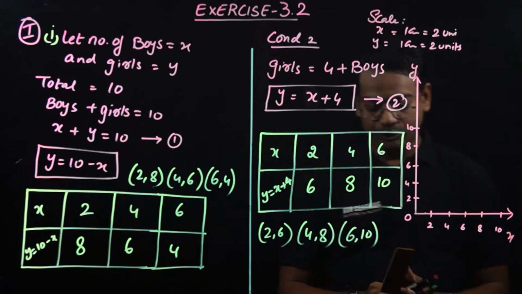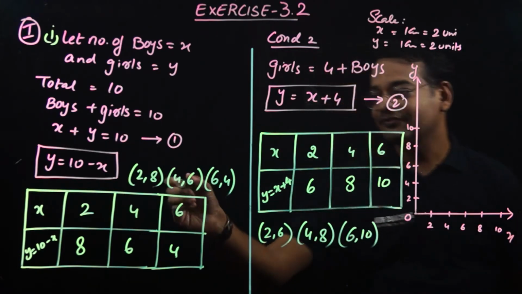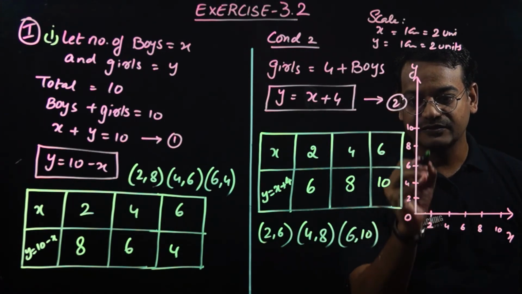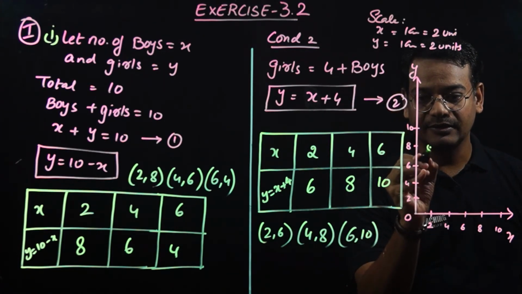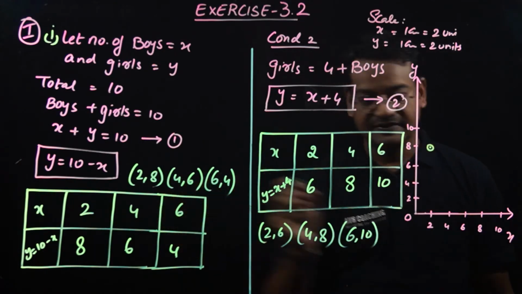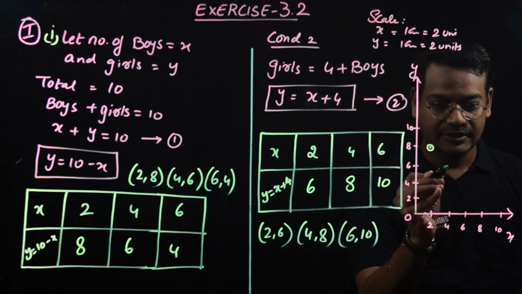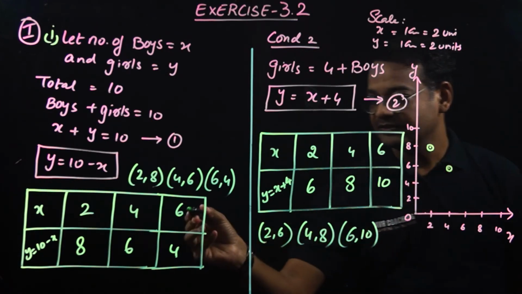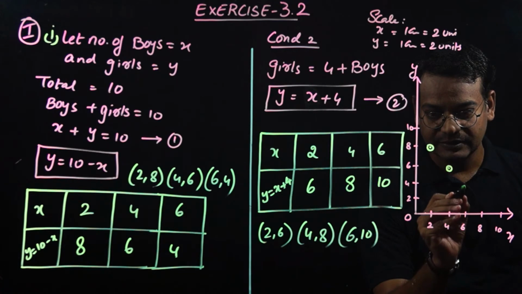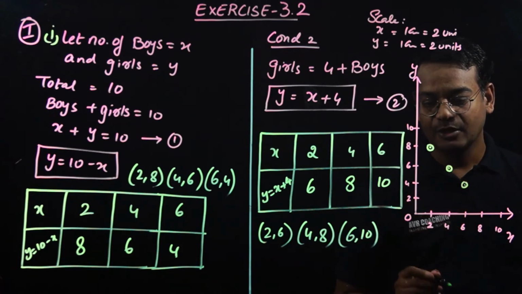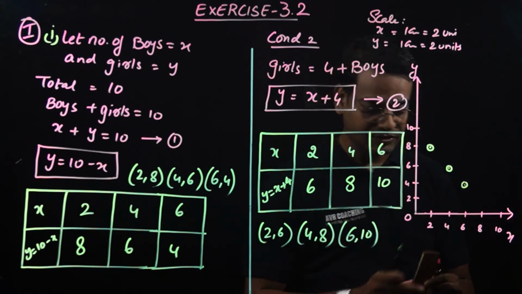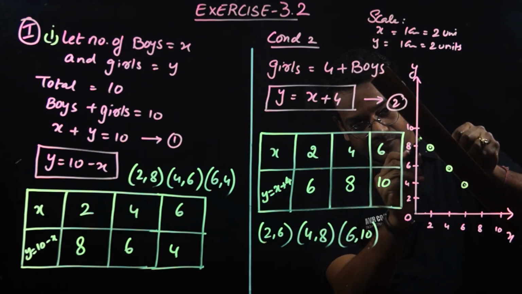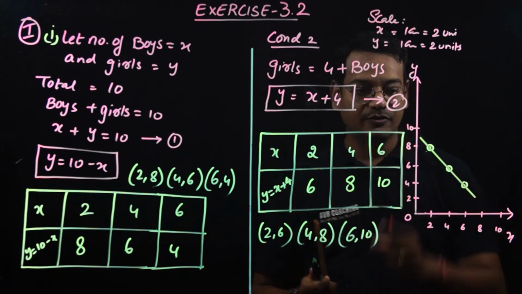Now we are going to plot the values. First value is (2, 8): 2 on the x-axis, y is 8. Then (4, 6) and (6, 4). Now we draw the line for the first equation.